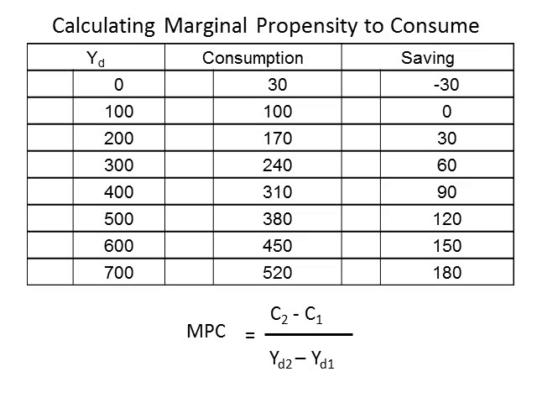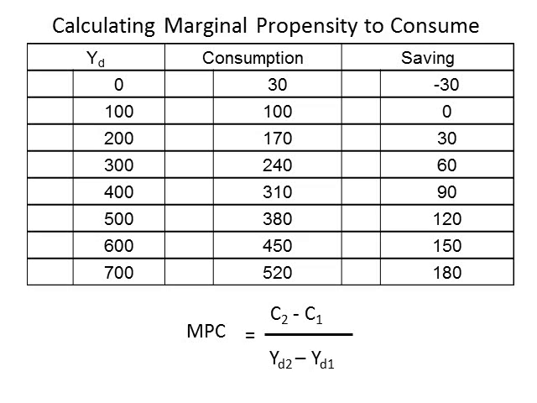When this person earns $400, they consume $310 worth of goods and services and save $90. When this person's income reaches $500, they spend $380 and they save $120. And when this person earns $600 per week, they spend $450 and save $150.